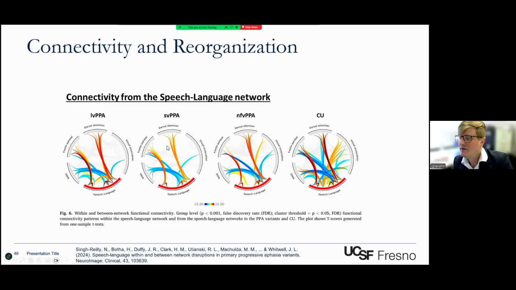Of course, that has been looked at in a variety of ways. This is one example. You're looking at logopenic, semantic, non-fluent as compared to controls. You can see in each of them there's within language disruptions, and to some extent, the visuals map onto how you might expect that to work, but also an interesting hyperconnectivity or change in process to the other, so hyper and hypoconnectivity to other broad networks.